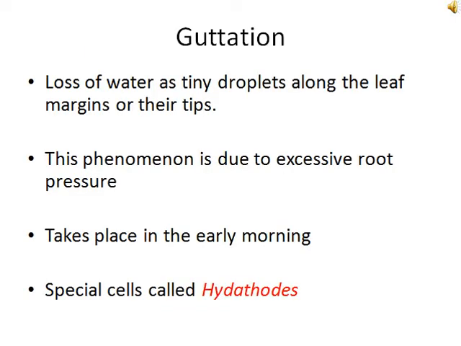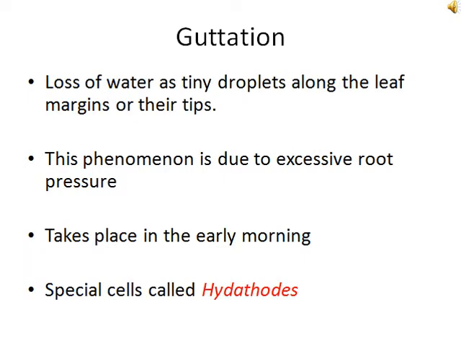Another effect of root pressure in plants is guttation. It means the loss of water as tiny droplets along the leaf margins or their tips. This phenomenon is due to excessive root pressure. It takes place in the early morning.